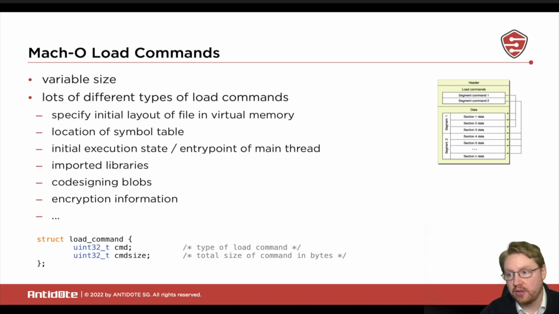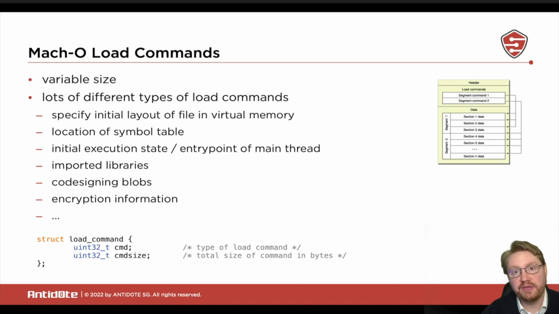So next, let's have a look at some of the load commands that exist. Some of them, for example, specify the initial layout of the file in memory, which basically means we have these segments, and they are separated into certain sections, and so on.